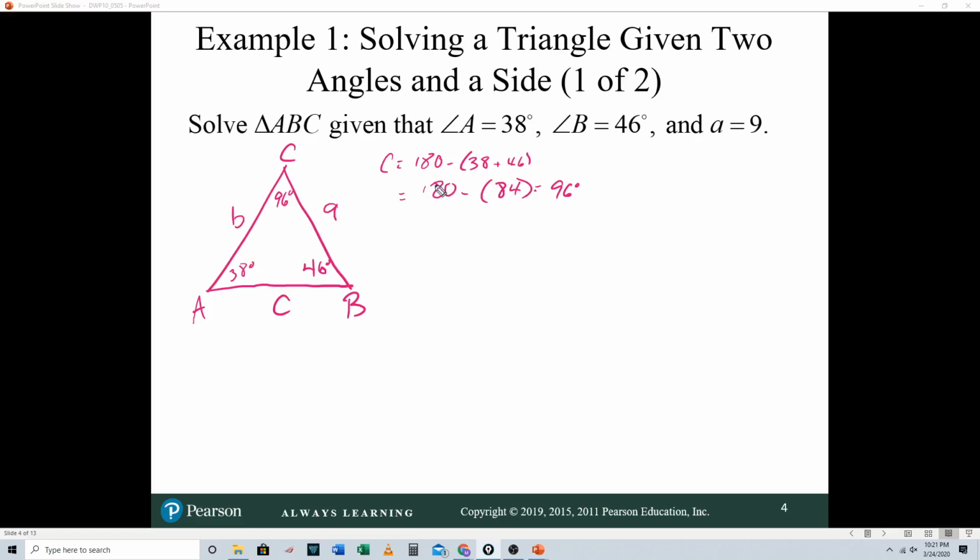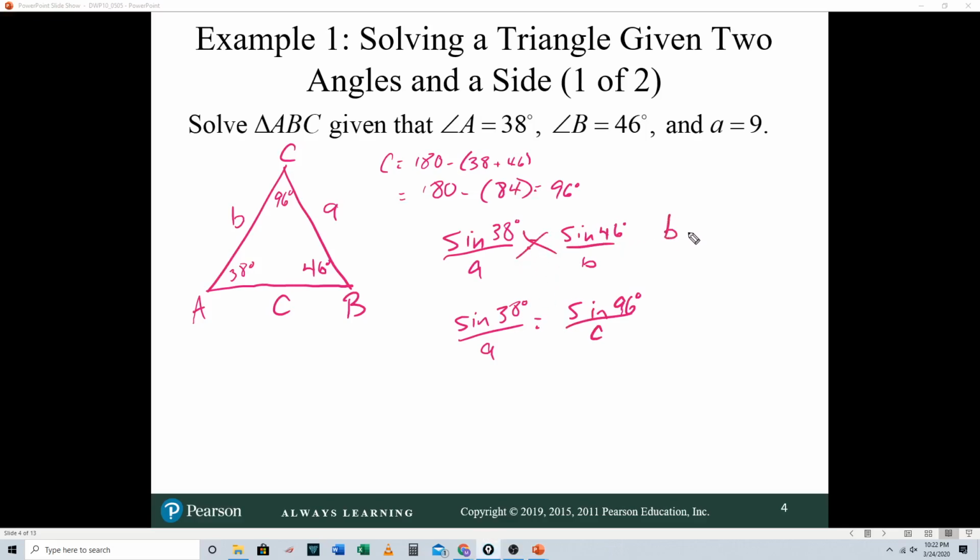So now I can just use law of sines. Since I have angle A and side A, I know sine of 38 over 9 is equal to sine of angle B, 46 over B, and I can also do sine of 38 degrees over 9 is equal to sine of 96 degrees over C. All right, so based on both these, I'm going to cross multiply.